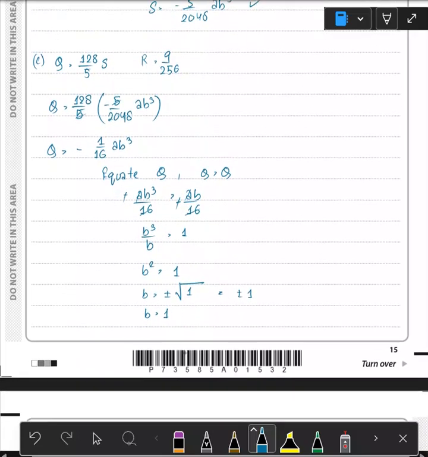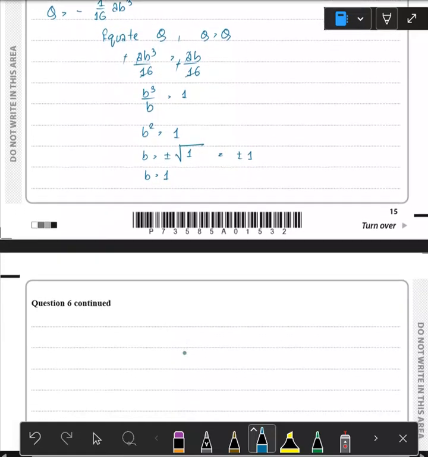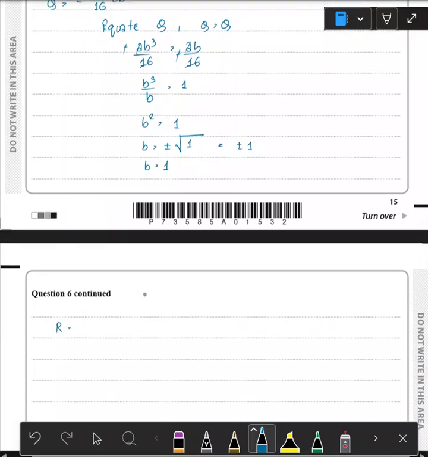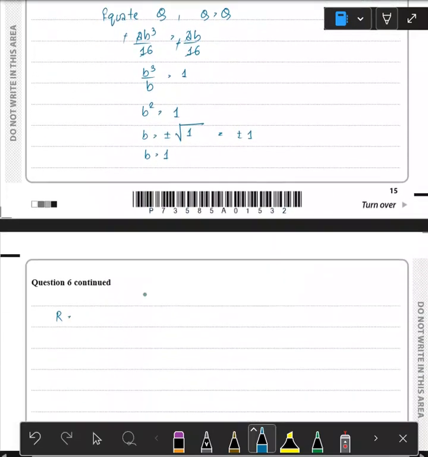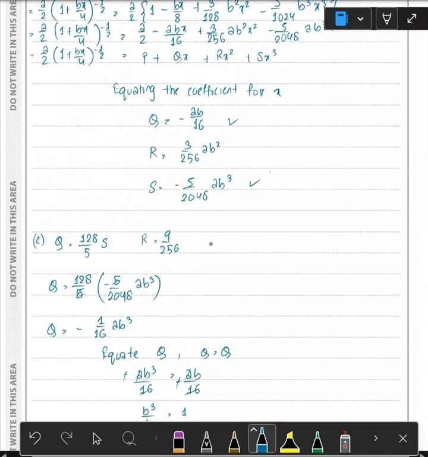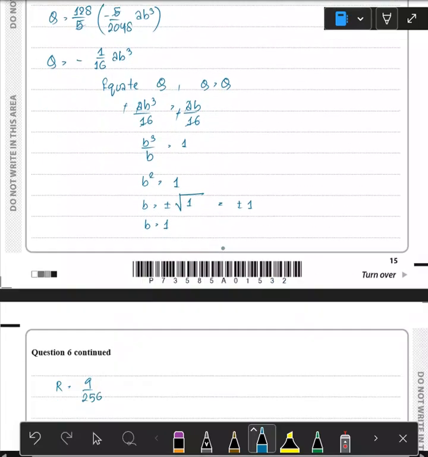So B would just be 1. And now they have also given us R to be 9 by 256, and from the previous expansion we got the coefficient of x square was r, which was equivalent to 3 by 256 ab square.